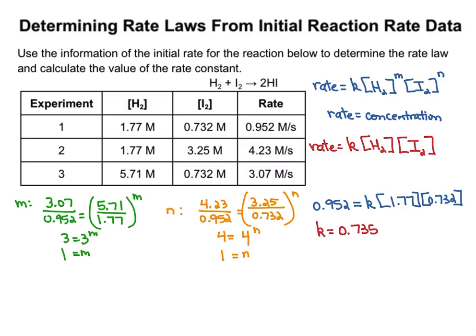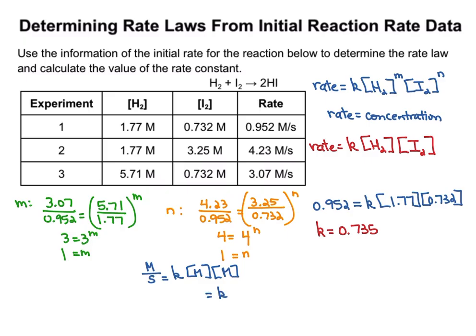0.735. Except I need some units here, so I need to go back and think about my units. Now, the rate is always going to equal molar per time, and in this example, molar per second. My K units I'm not sure of. My concentration is molar times my concentration, which is molar.